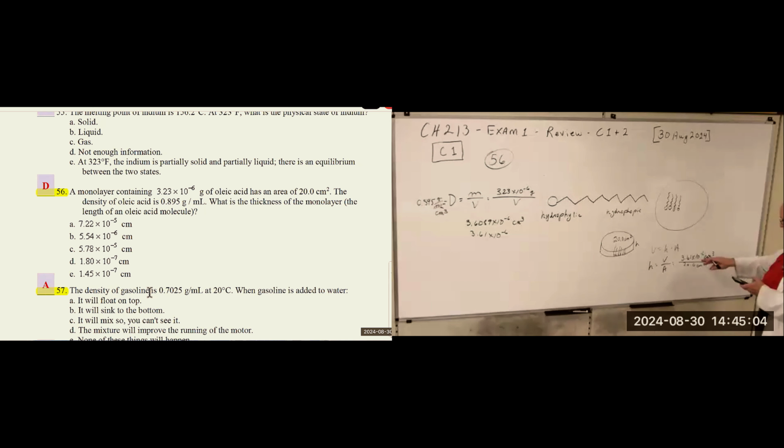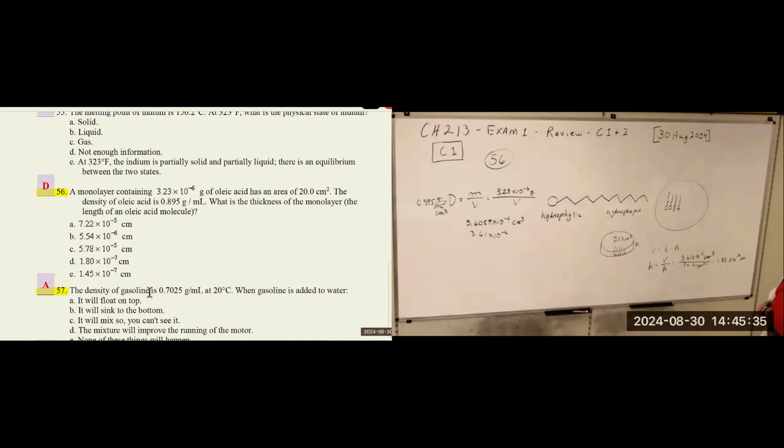We can keep 3 significant figures: 1.80 times 10 to the minus 7 centimeters. The square centimeters knocks out 2 of those. So D, 1.8 times 10 to the minus 7 centimeters, is the length of that molecule. Kind of short.